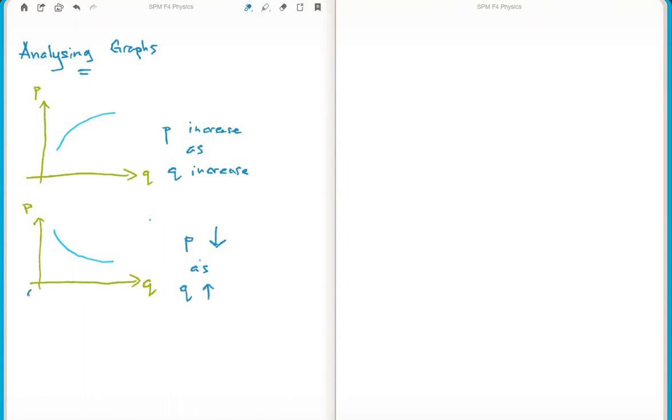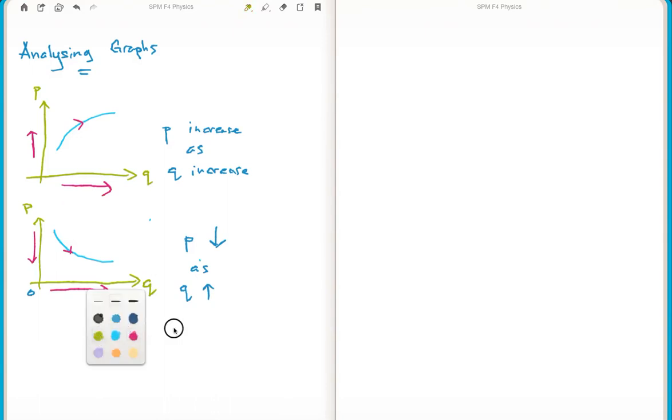Look at the y value, this is 0. P decreases, going down, right? P decreases when Q increases. Refer to this one: Q increases going up as P increases. This is how it looks like.